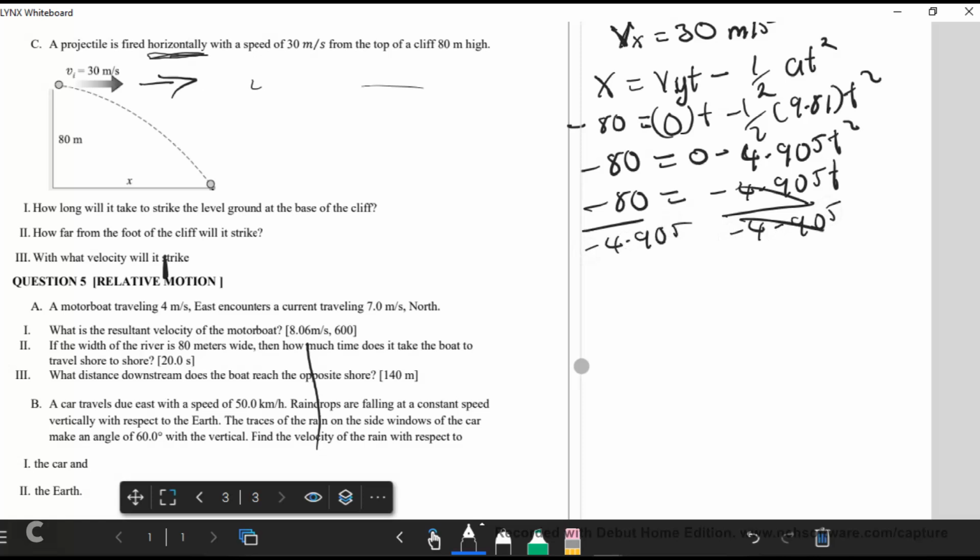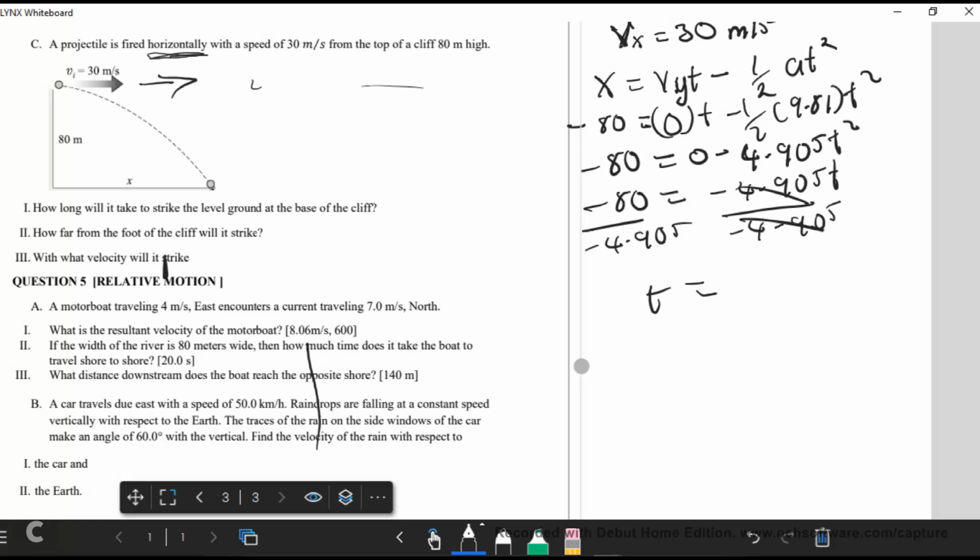And then you find that your t is equal to 80 divided by 4.905.